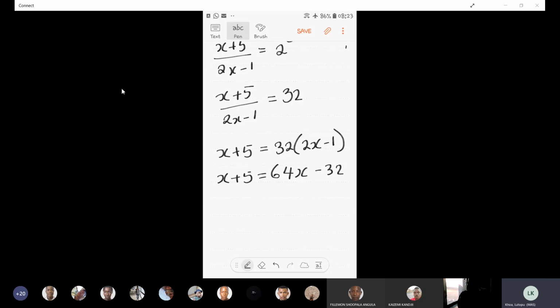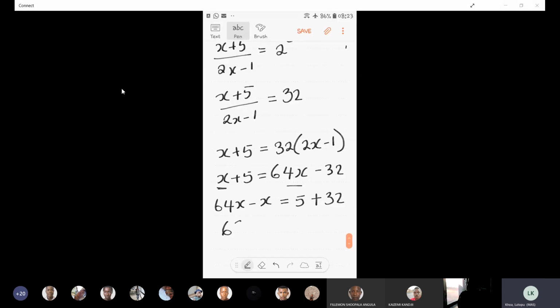Okay, then again, everything with x on one side, everything without x on the other side. So you will have 64x minus x, bringing this x to that side, equal to 5 plus 32. 64x minus x, I'm just counting how many x's I have.